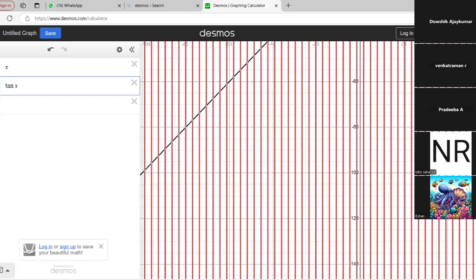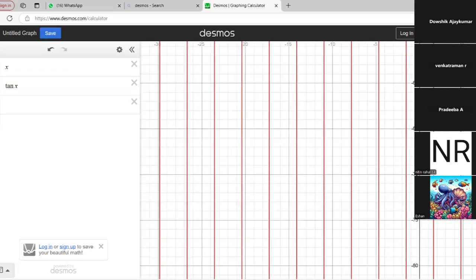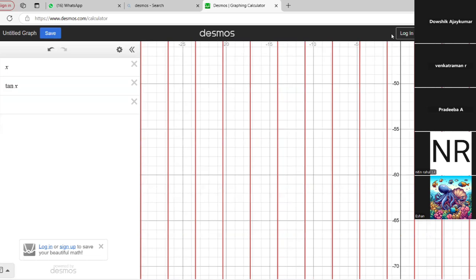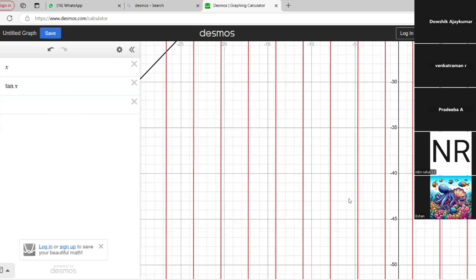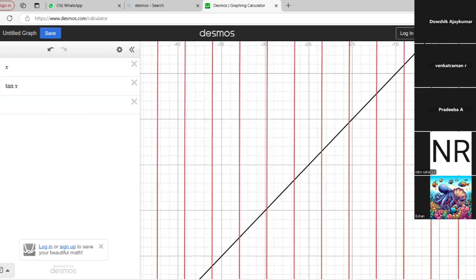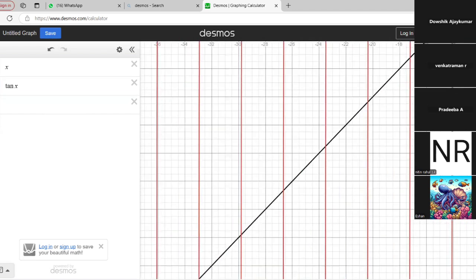Tan x is discontinuous, right? Yes, sir. It is discontinuous whenever the angle is an odd multiple of pi by 2. So what would happen if I add a continuous graph to a discontinuous graph?